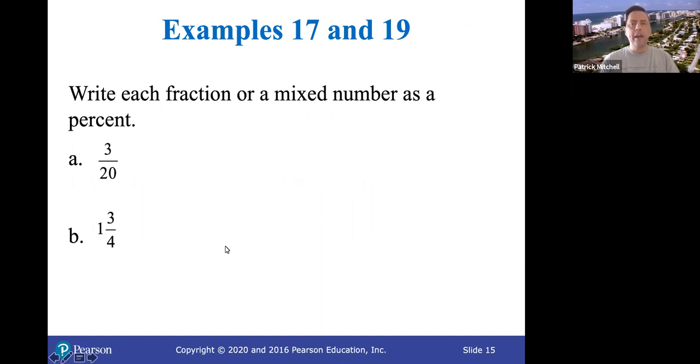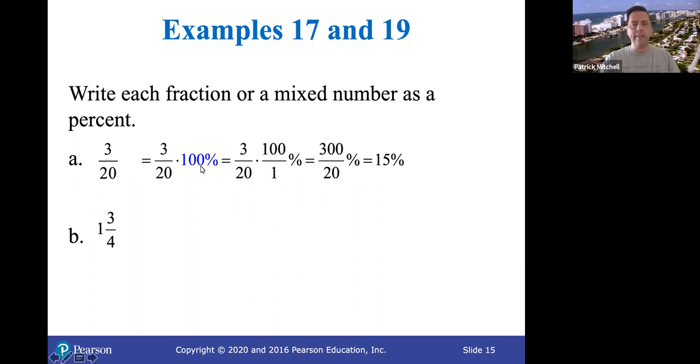All right, so we have a couple of fractions here. We're going to write them as percent, starting with 3/20. 3/20 is the same thing as 3/20 times 100%. So we do 3/20 times 100/1, which you can do this way, or I'm going to break my own rule here.